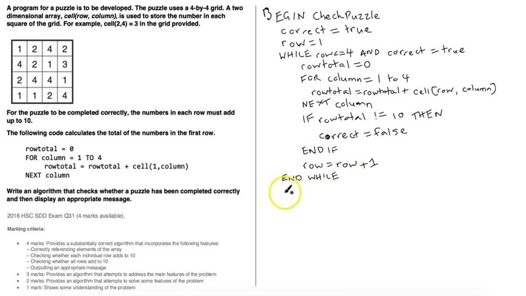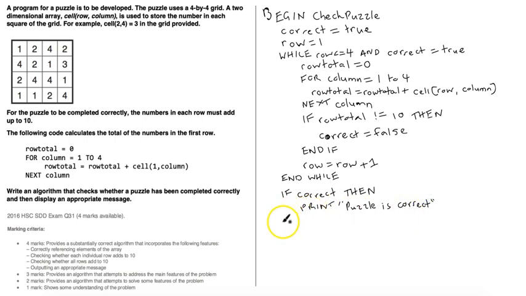Right, now once the loop has completed, we can just display an appropriate message, and we can do that by checking if correct was equal to true. So we could either say if correct equals true, or we could just shorten that to if correct, which means the same thing. So if correct, then print or display puzzle is correct.